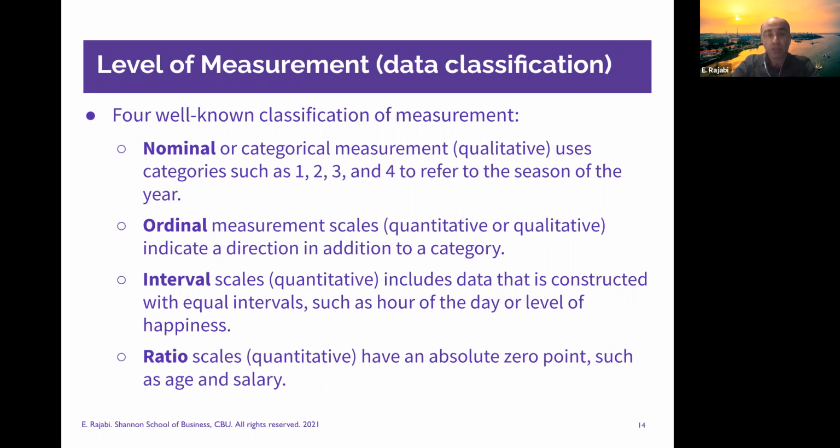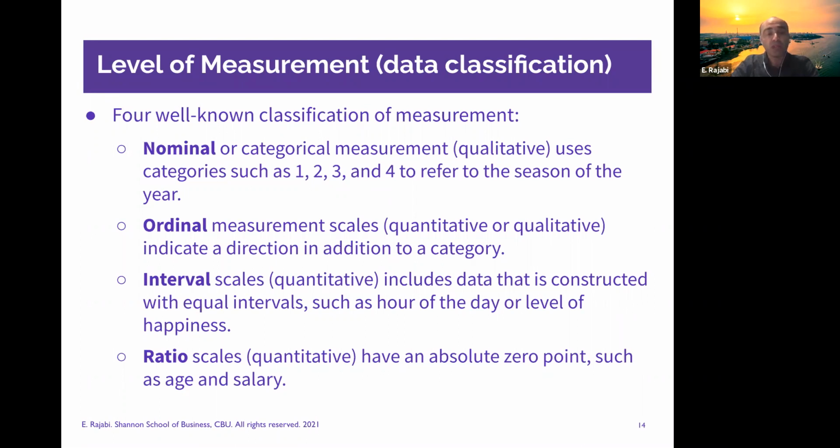So if data is nominal, most likely it refers to dimensions, all right? And we have either a string or numbers, but we are talking about categories. But in ordinal, similar to nominal, we have order here, direction in addition to category, right? And we have interval.